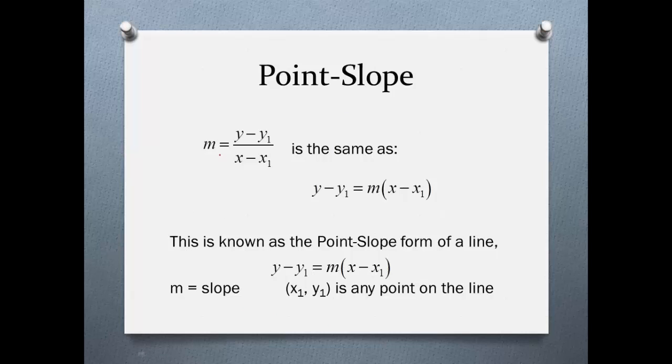So we have that the slope is any point y minus a specific point y1, divided by the x-coordinate of that same point minus the x-coordinate from point 1.